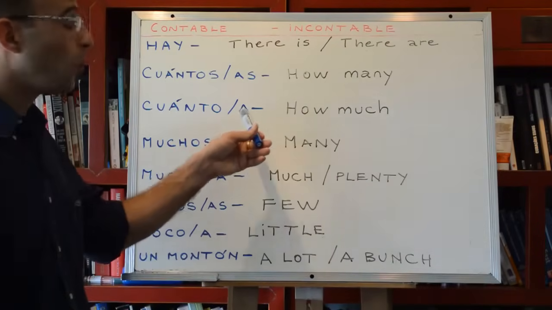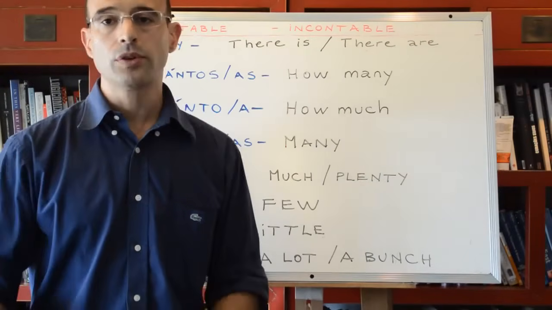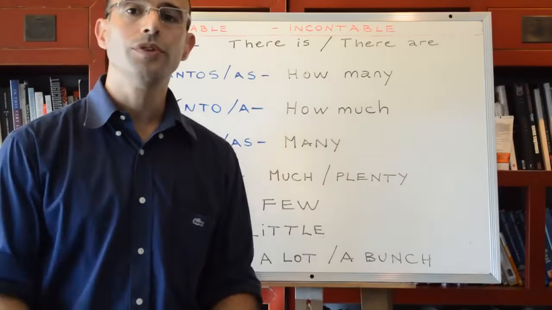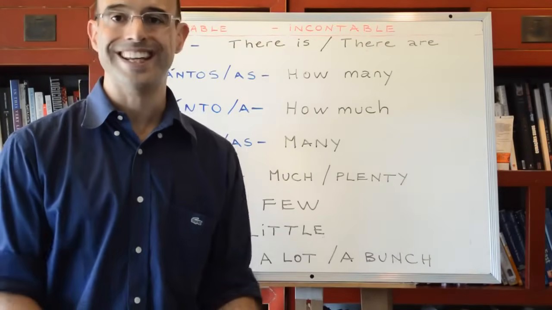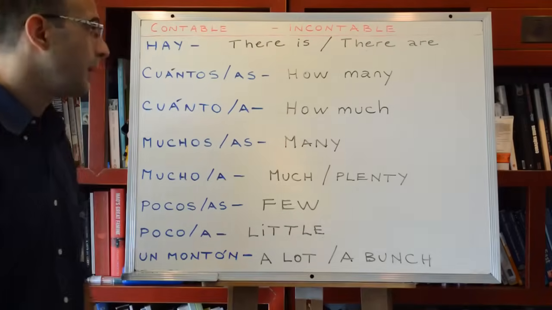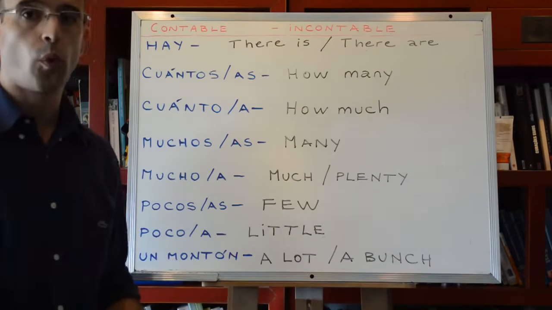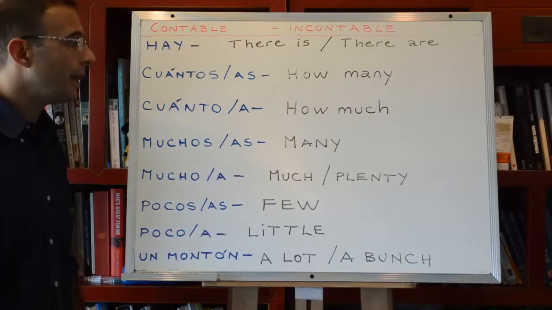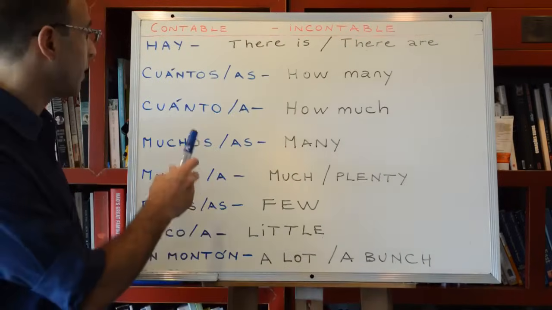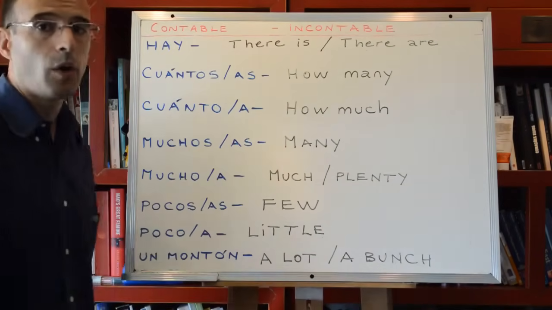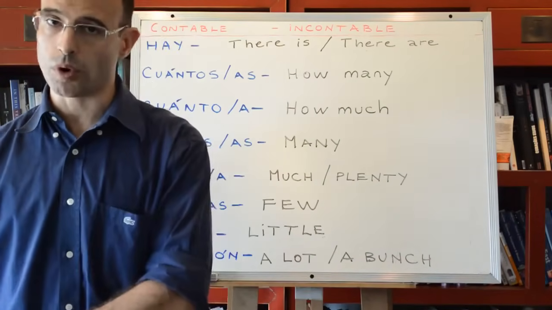Cuánto for masculine, cuánta for feminine. For example, ¿cuánto dinero tienes? How much money do you have? Okay? Because dinero, money, is masculine, we ask cuánto. Now, water is feminine in Spanish. So we would ask ¿cuánta agua tienes? How much water do you have?